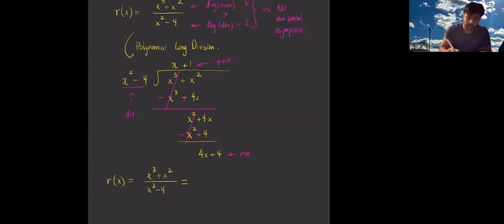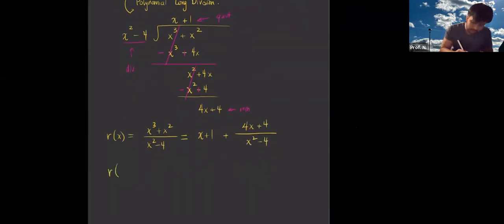I can write this as the quotient x plus 1 plus 4x plus 4 all over x squared minus 4. So r of x can be rewritten as what we get from the division algorithm when we apply polynomial long division.